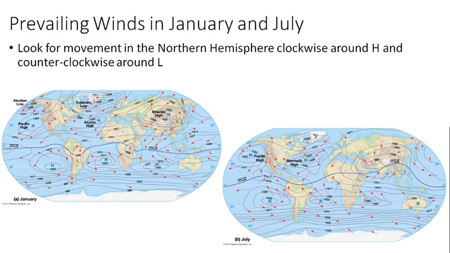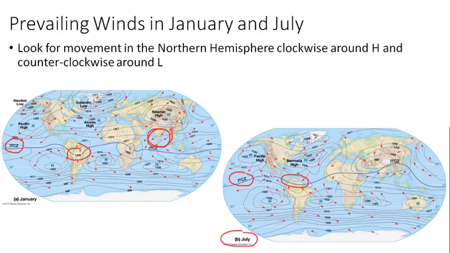Now, right away, if you see the Intertropical Convergence Zone, it's a purple line, notice that it migrated north in July. Not so surprising, is it? For instance, it was clear down here in South America in January, and it's right up here in South America in July.